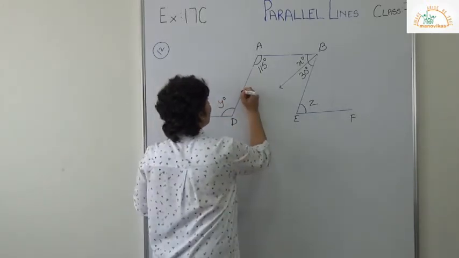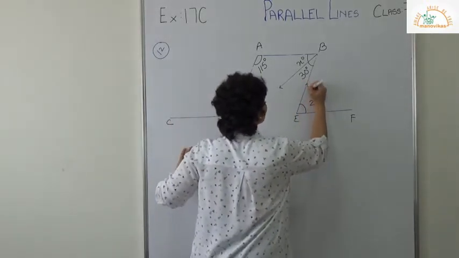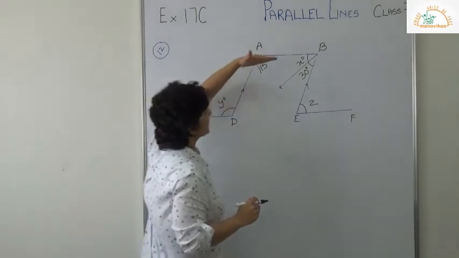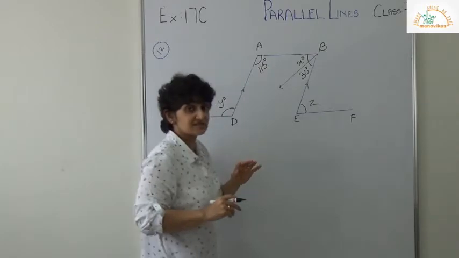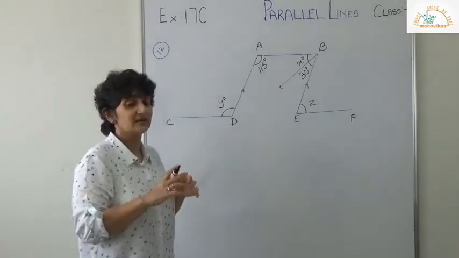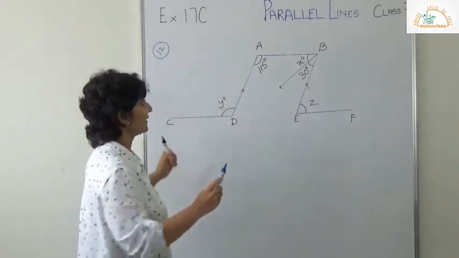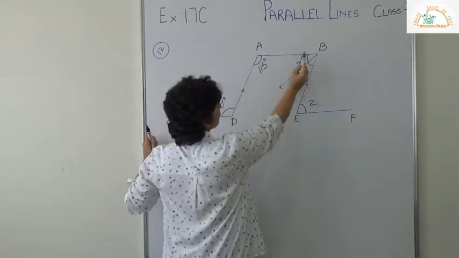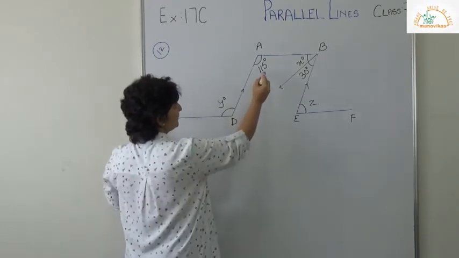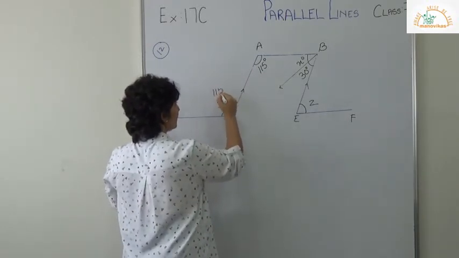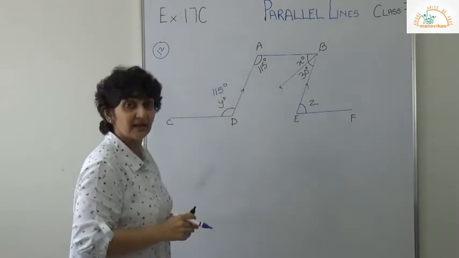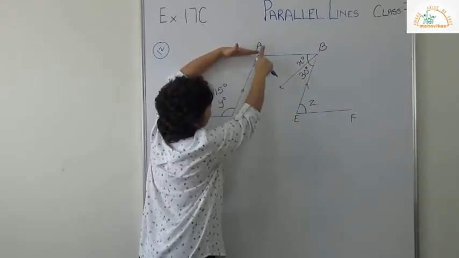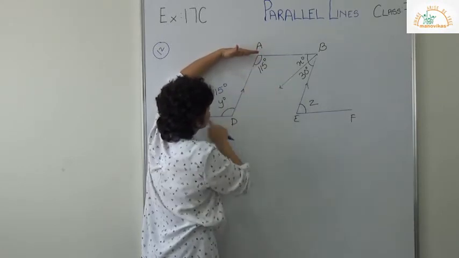AD is parallel to BE, and this is parallel to this and this is parallel to this. Just looking at it, children, you can tell me some of the things. What is that? Now if you take this, the ulta Z, or the mirror image that I say. So if this is 115, this also becomes 115, isn't it? So see children, if this is parallel, this is your line, this becomes your transversal, the Z shape.